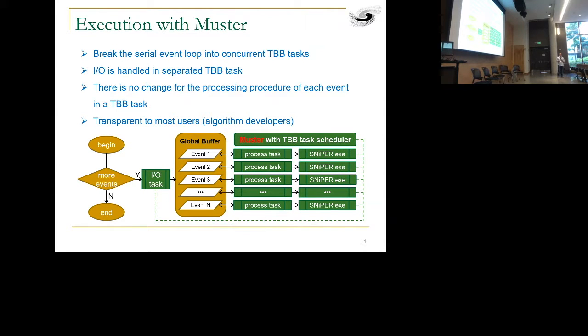And in the process tasks, there is no change to the processing procedure of each event. In this way, with the SNiPER master, it is transparent to most algorithm developers.